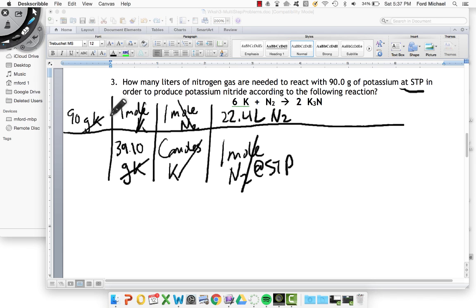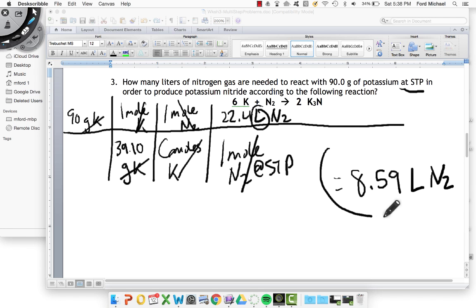If we go to our handy-dandy iPhone calculator, we take 90 times 22.4 divided by 39.1 divided by 6 equals 8.59. The unit is liters of nitrogen gas. That's our answer.